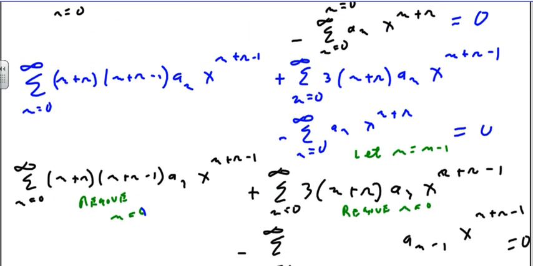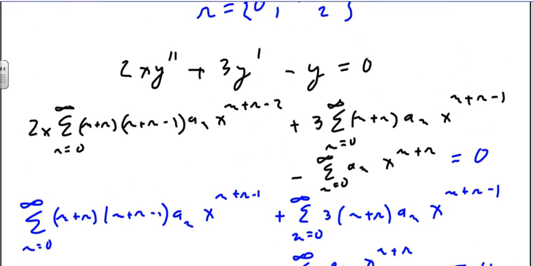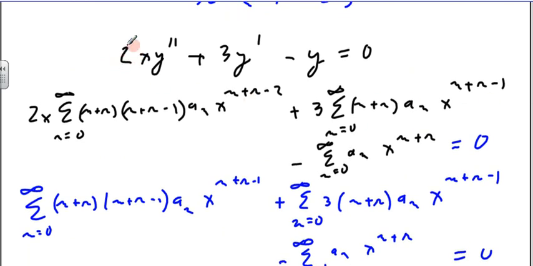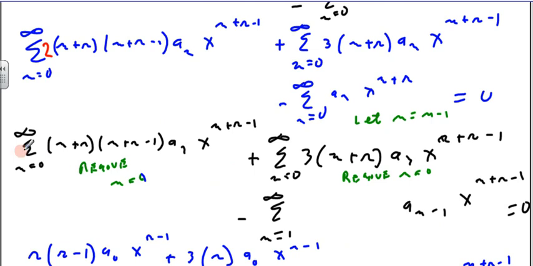So I'm going to go back and see where I dropped something. And we see a 2 here, and we don't see the 2 there, so we'll put it in. We don't see the 2 here, so we'll put it there.